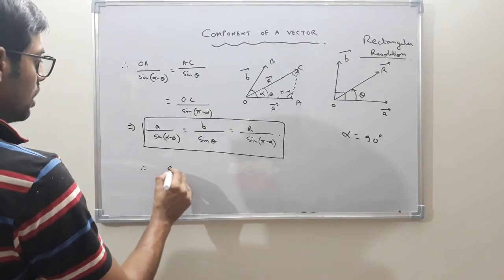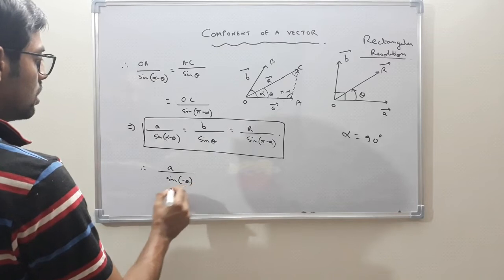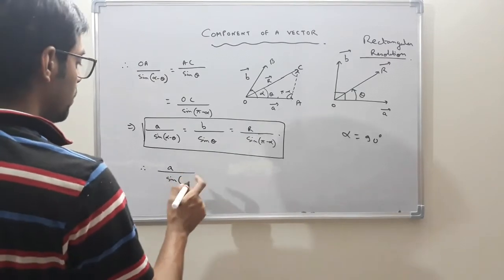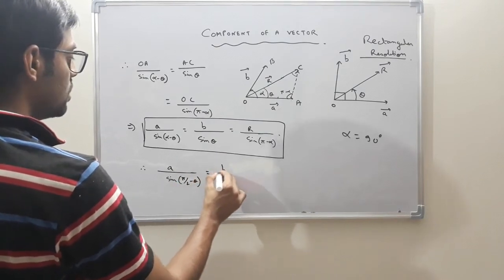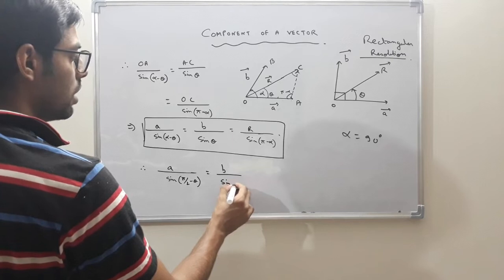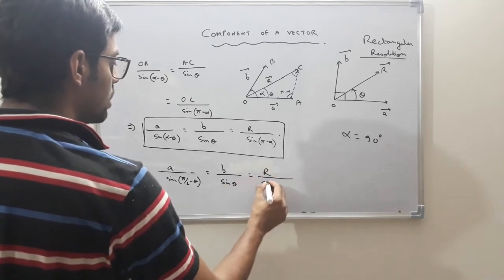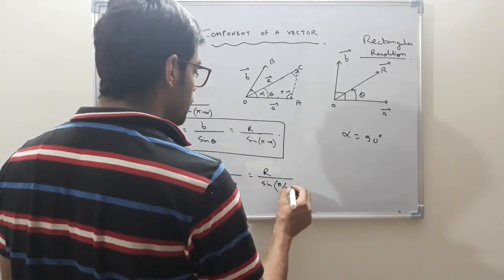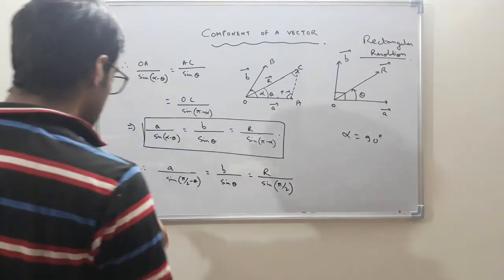You will get A by sine of pi by 2 minus theta, since alpha equal to 90 degrees, equal to B by sine theta equal to R by sine of pi minus pi by 2, that is sine pi by 2. Okay, so sine of pi by 2 minus theta equals cos theta.